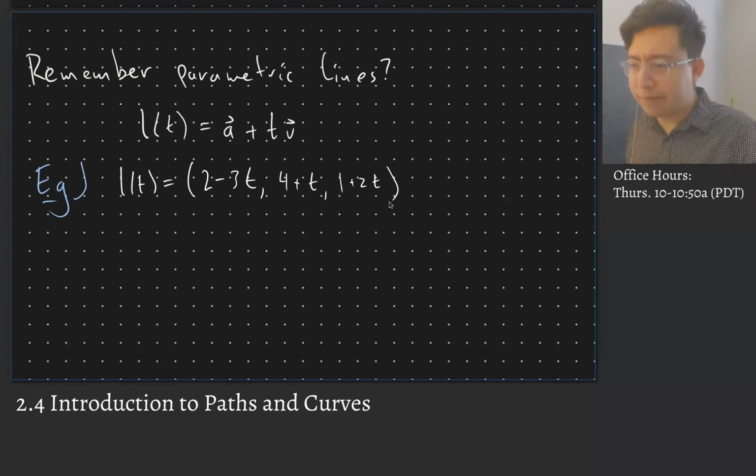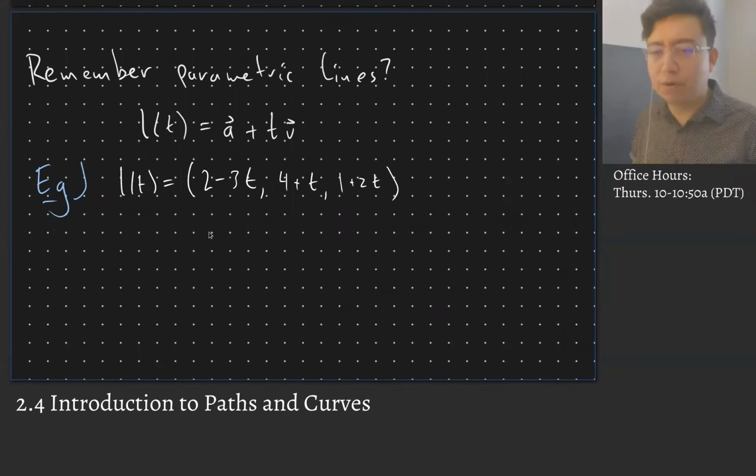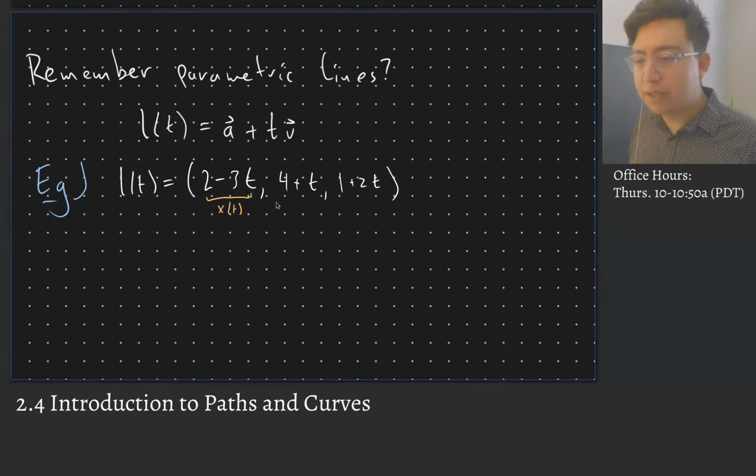An equation like this was an equation for a line. The point was that your three variables, x, y, and z, were functions of t. So this is x of t, y of t, and z of t.